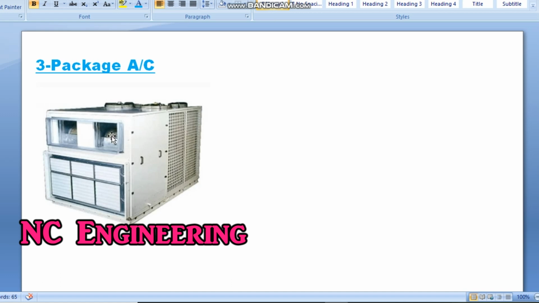We can see here these two duct outlets, and this duct passes inside the building, and we distribute the air by air outlets. So this is normally used for medium range commercial purposes. For high range we use a chiller or VRV, but for medium range this is cheap. If we use a chiller or VRV, these are costly.